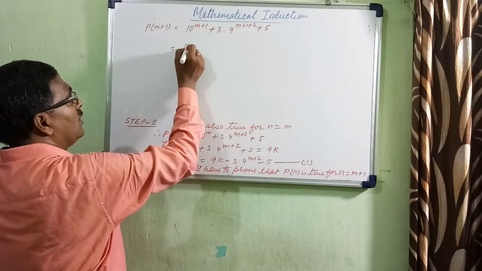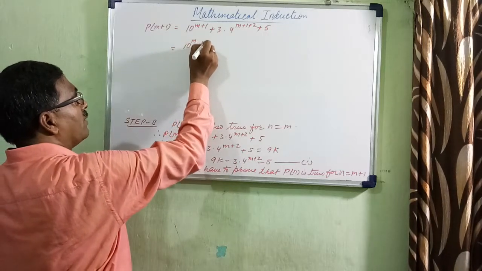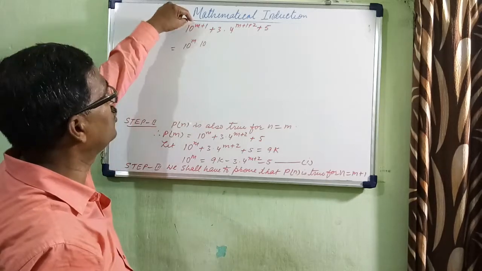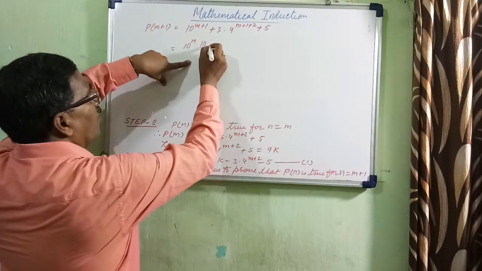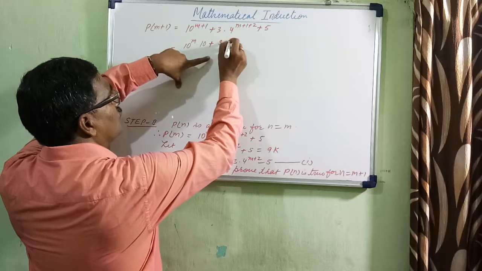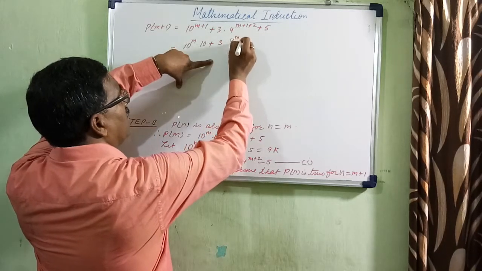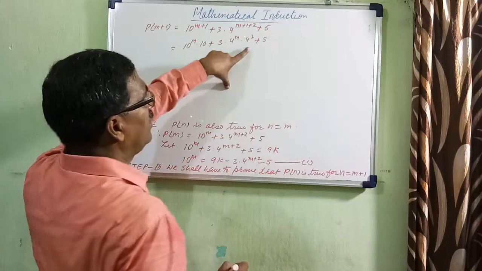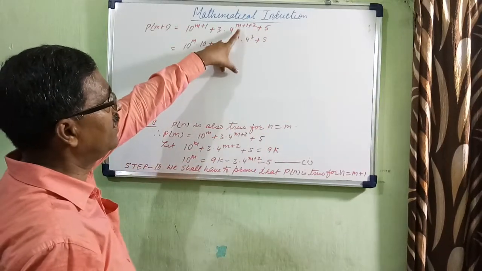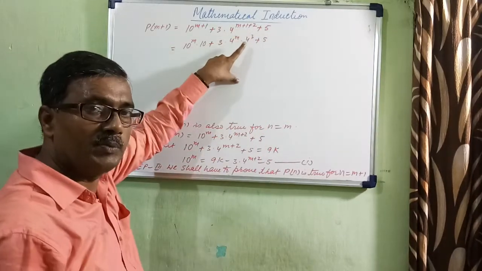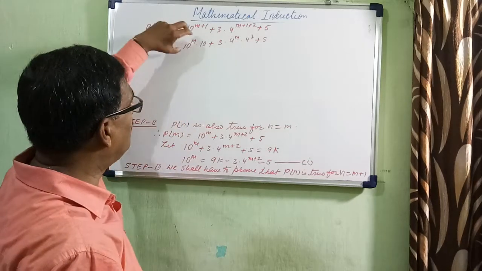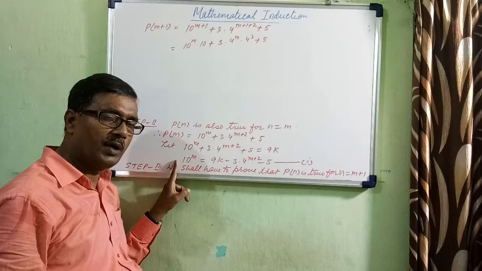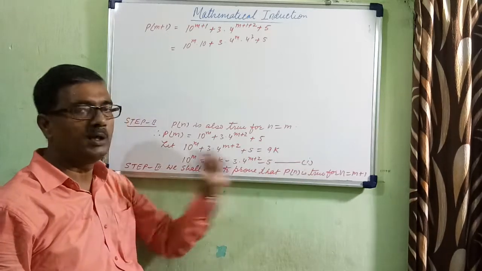Can we write here 10 to the power m into 10, because when the bases are same, powers are added, so 10 to the power m plus 1 it will come, plus 3 into 4 to the power m into 4 cube plus 5. Same way, bases are same, powers are added, m plus 3. I am bound to write in this form because we are going to substitute the value of 10 to the power m from equation number 1.